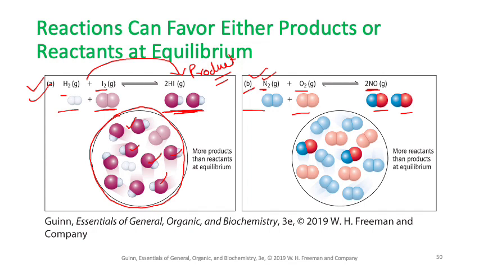Similarly, in the second reaction, you can see you have more of the reactant compared to only 1 or 2 molecules of the product. So for this reaction that is in equilibrium, because you have the back and forth arrow, this reaction is favoring more reactant compared to the product, because the concentration of the reactant is more compared to the product in this equilibrium reaction. So this is how you can analyze whether the reaction is going more toward the reactant or more toward the product.